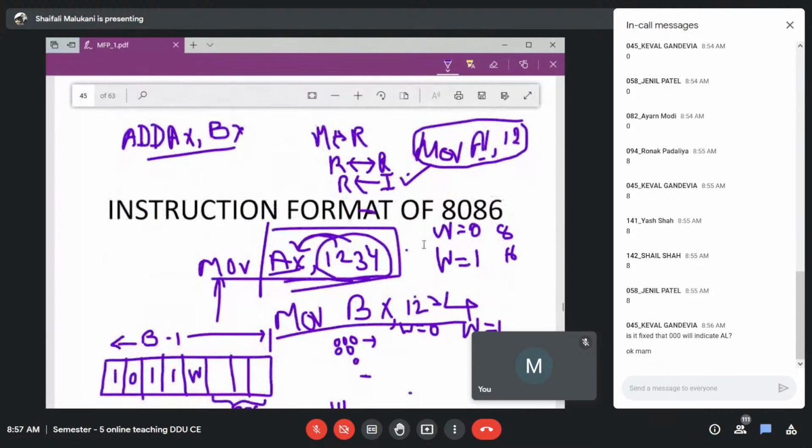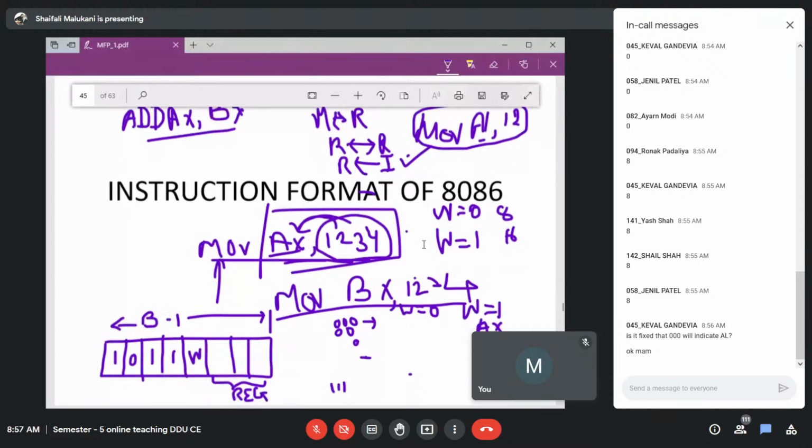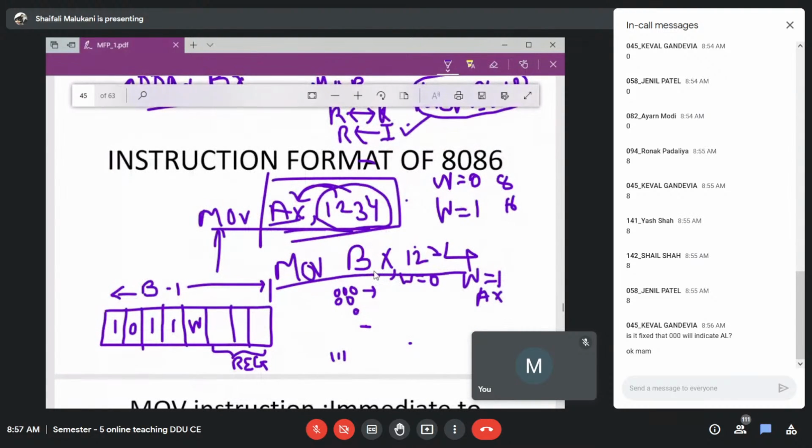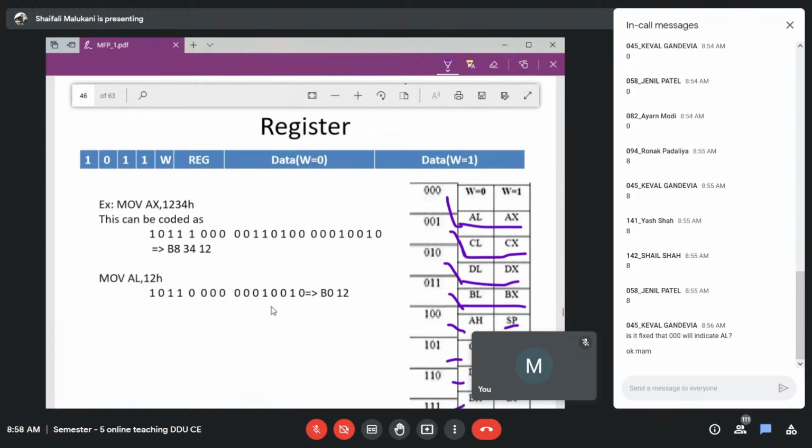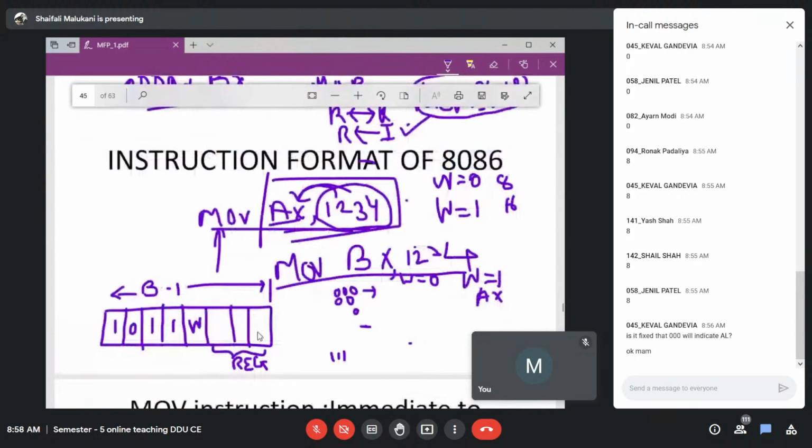What about the remaining ones? You can see here SP is 100, 101 for BP, 110 for SI, and 111 for DI. So this is how these 3 bits are covered.